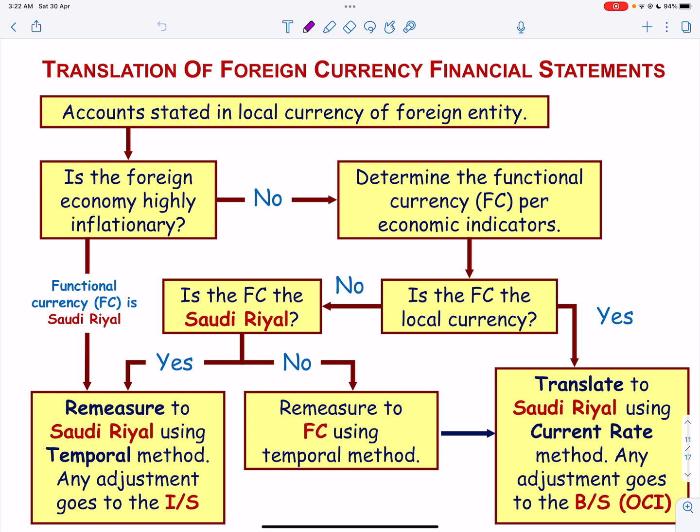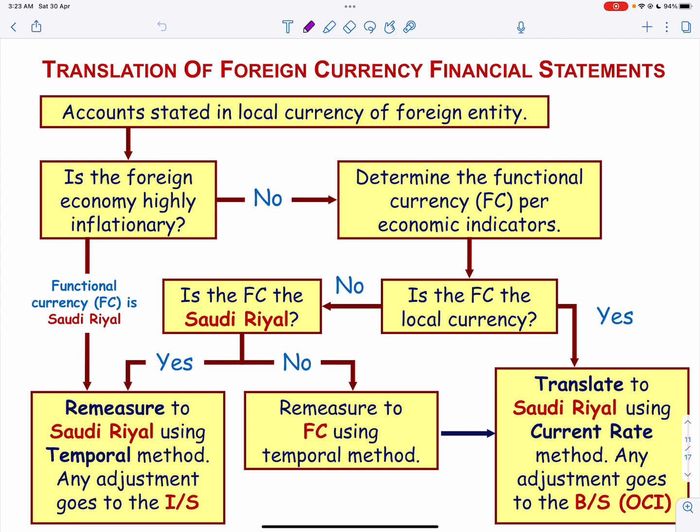They pay for the supplies in Saudi Riyals. All the employees are Saudi nationals, so they pay their employees in Saudi Riyals. The subsidiary accepts only Saudi Riyals for sales. So the Saudi subsidiary is operating in UAE, but the functional currency is Saudi Riyal and not UAE dirham.